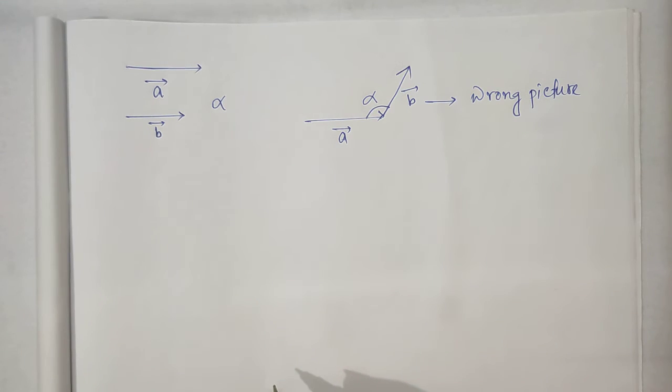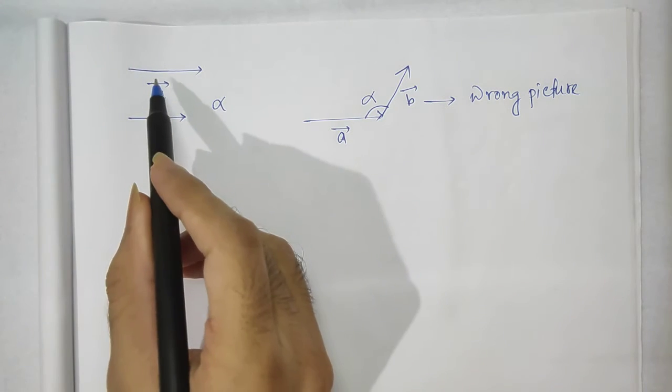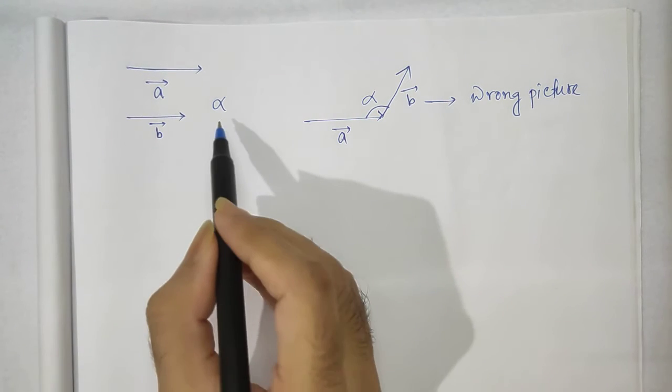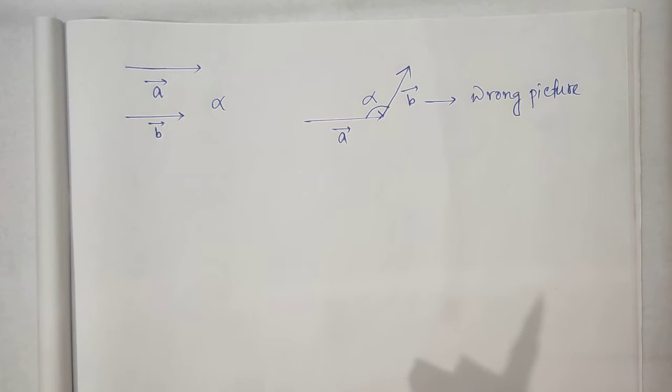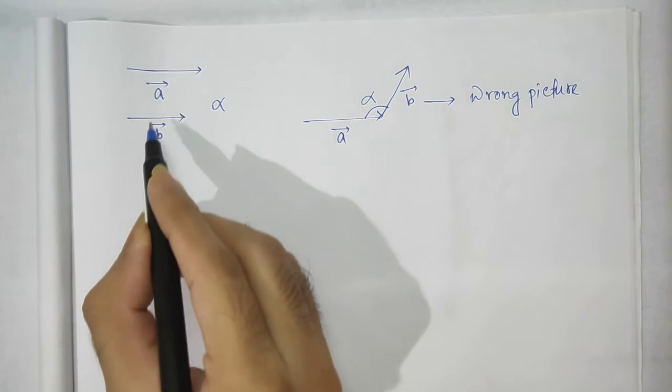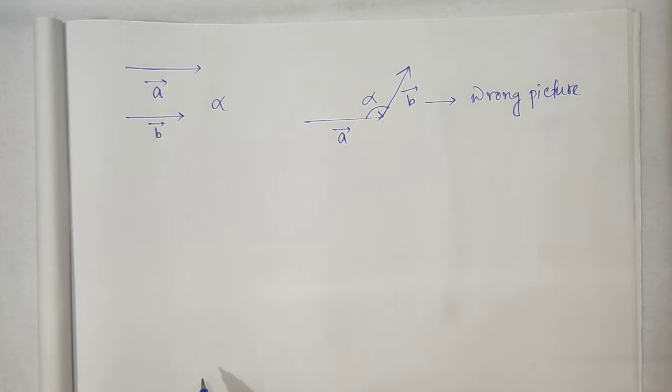But why? Because whenever we are given two vectors A and B and the angle between them, we have to consider that the vectors A and B have the same starting point.